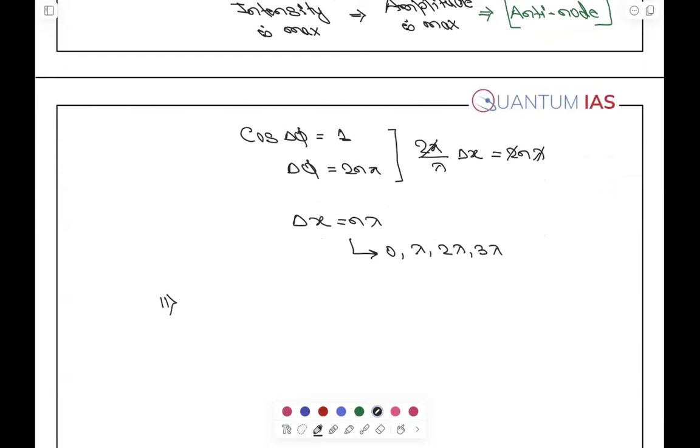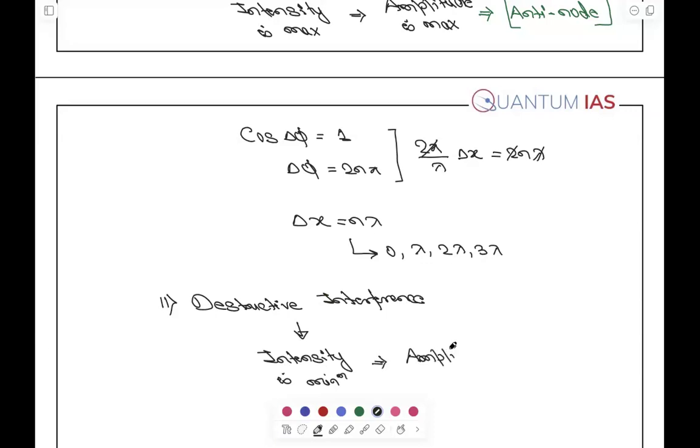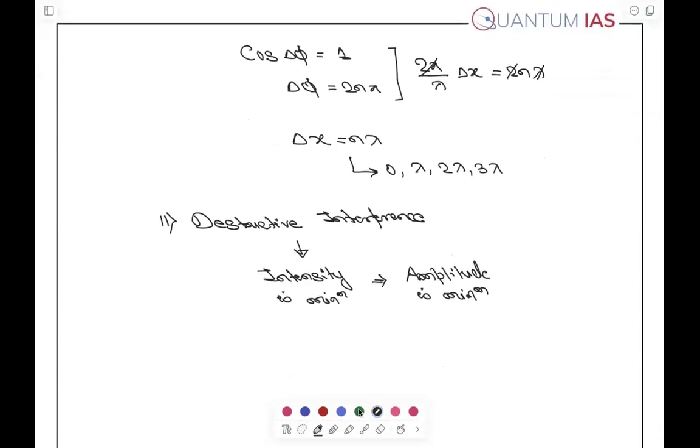Similarly, if I'm talking about destructive interference, this simply means that intensity is minimum, which simply says that our amplitude is minimum, not zero. याद रखना, कहीं नहीं लिखा होता है बट बच्चे समझ लेते हैं कि ये जीरो ही है.